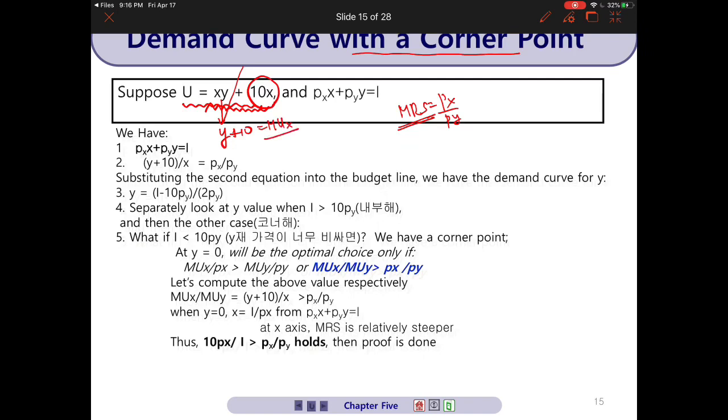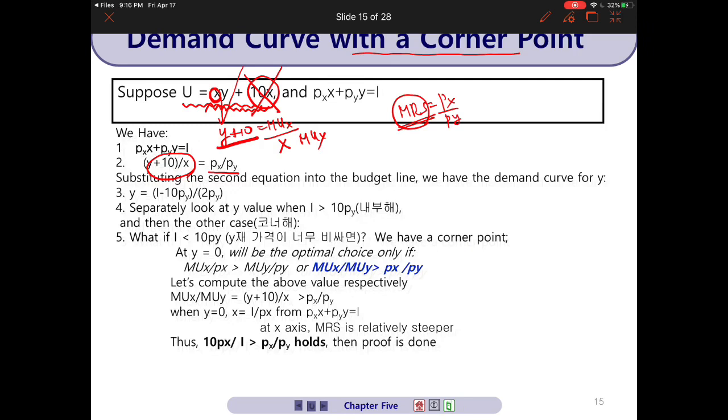What about the marginal utility of good Y? Take the differentiation with respect to Y. This term doesn't have any Y, so it is constant. After differentiation, the value becomes 0. What about here? The X will become the marginal utility of Y. So y plus 10 over x here will become MRS. And set MRS equal to the price ratio.